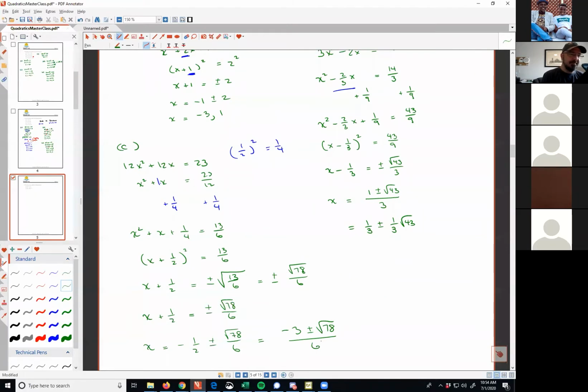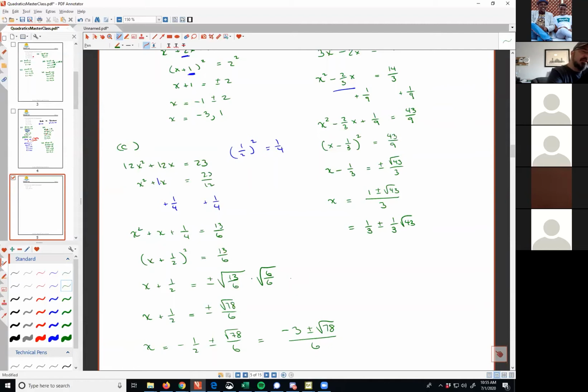Please, how did you get a 78 over 6? Yes. Can you repeat that for me? Okay, here's what we do. If we want to take a square root, we don't like having radicals in denominators. So I'm going to cleverly multiply by 1. I'm going to multiply this by the square root of 6 over 6.